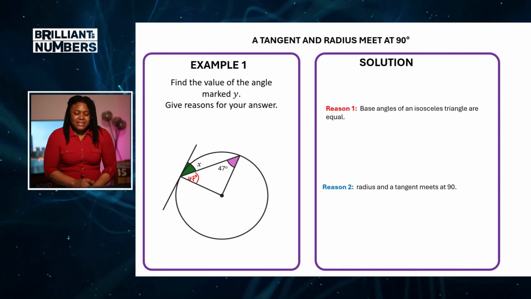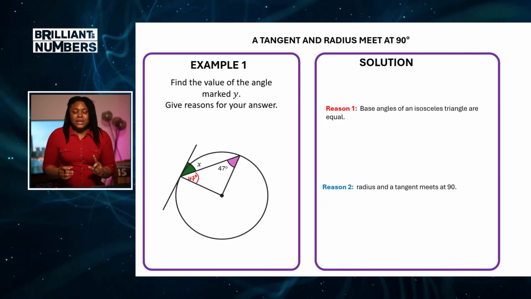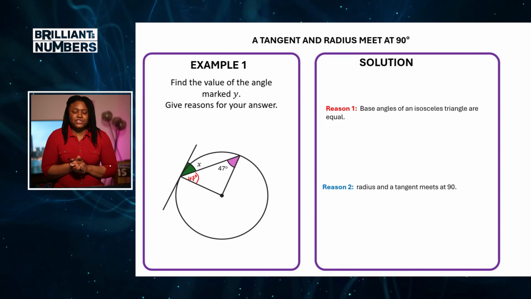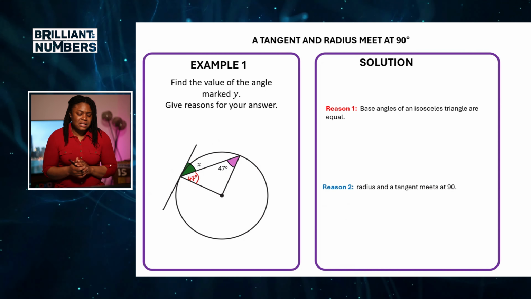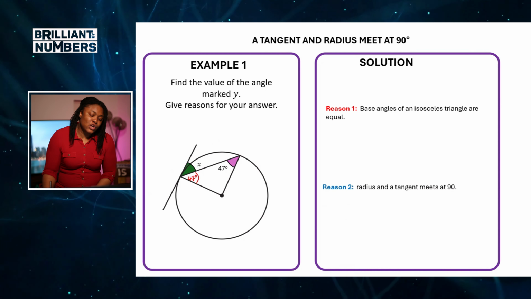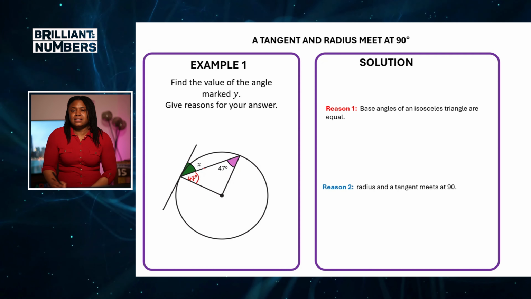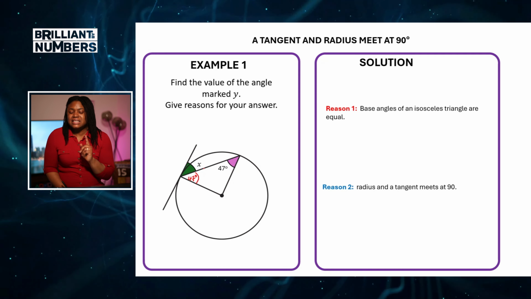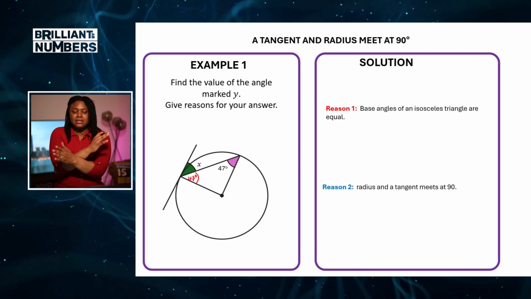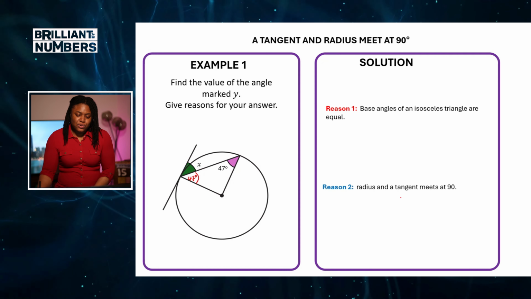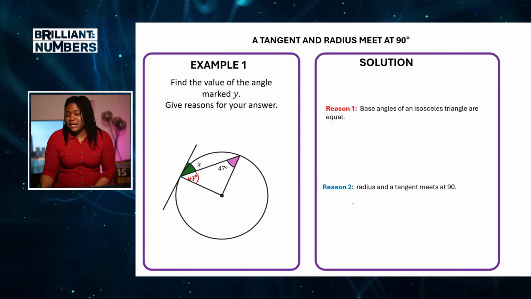So, with that filled in, and with my theorem that I've just learned, I have now unlocked my question. I'm asked to find x, and I can see that x along with 47 degrees will make 90 because the radius and the tangent are perpendicular, which means that they do meet at 90 degrees. So radius and tangents, I'm just going to set up my equation.